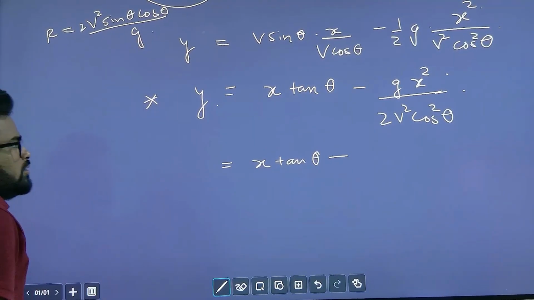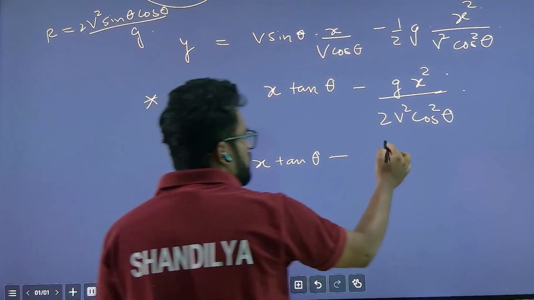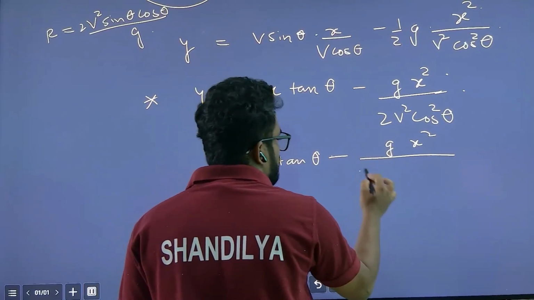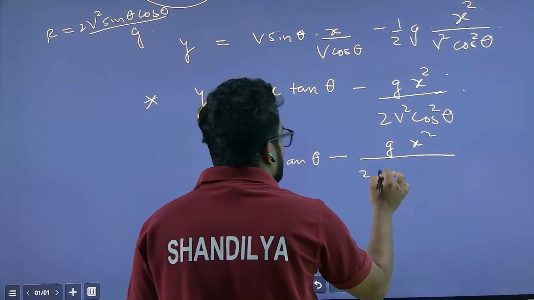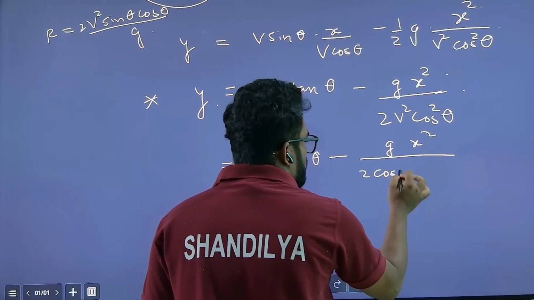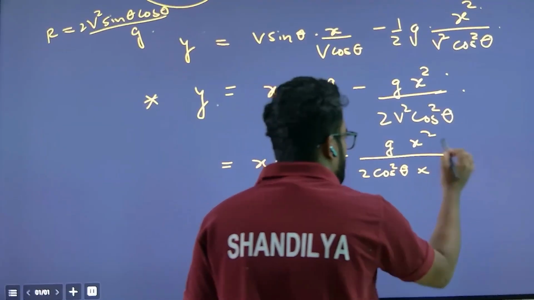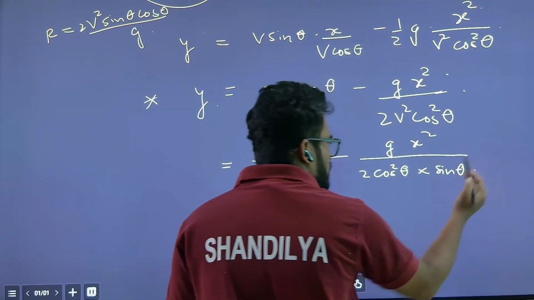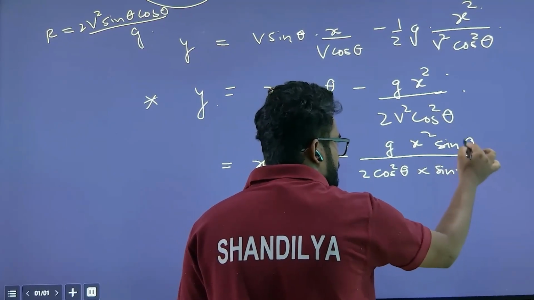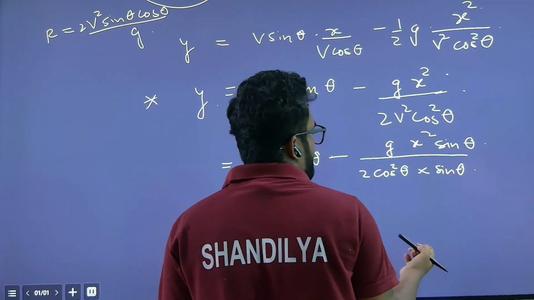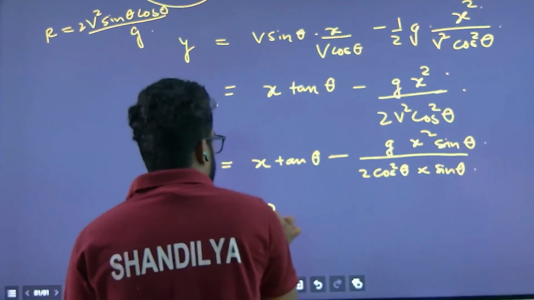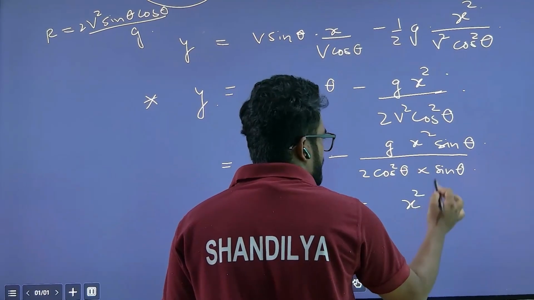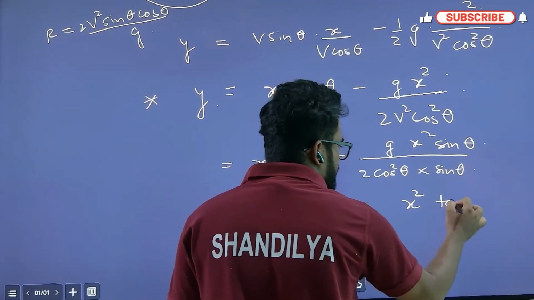This is our range. Now we need to convert it into that form. So g is there, no problem. X square divided by 2 v square cos square theta. We'll multiply and divide by sine theta. So sine theta here, sine theta here. Any problem? No problem. X tan theta minus, see, it is x square, sine theta by cos theta would make tan theta.